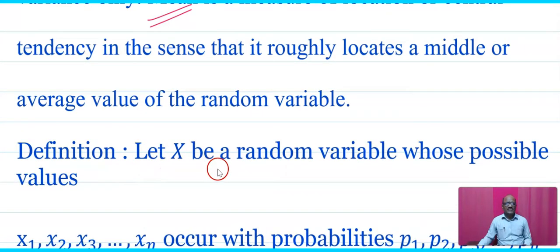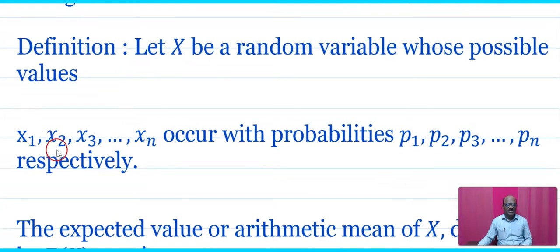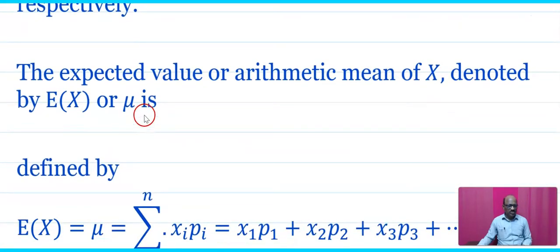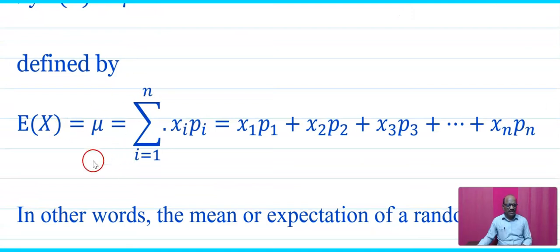Definition: let X be a random variable whose possible values x1, x2, x3 up to xn occur with the probabilities p1, p2, p3 up to pn respectively. The expected value or the arithmetic mean of X, denoted by E of X or mu, is defined as E of X equals mu equals the sum from i equals 1 to n of xi into pi.